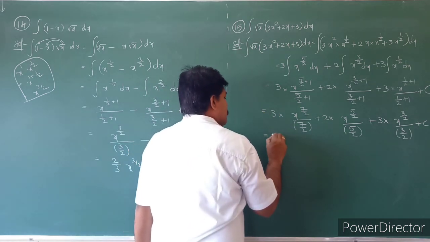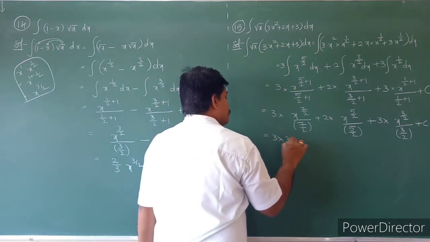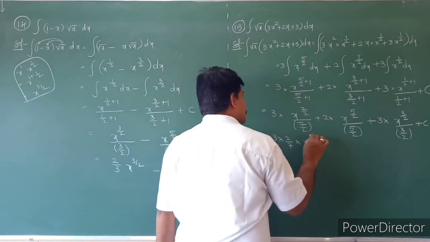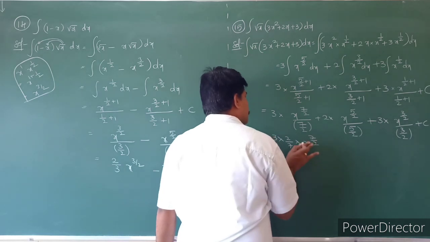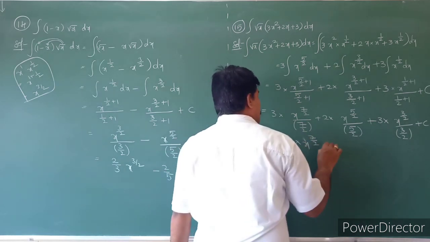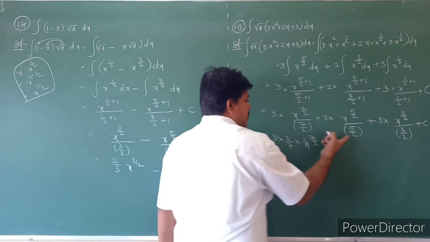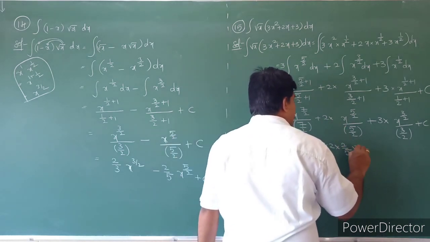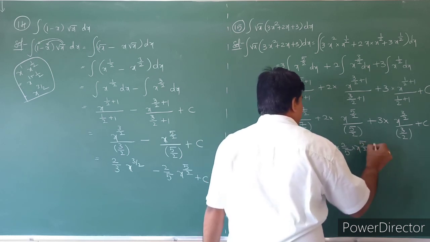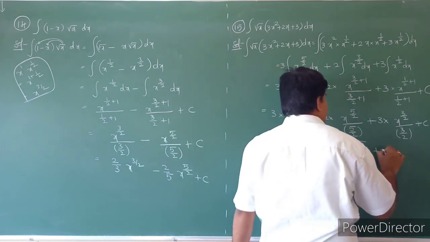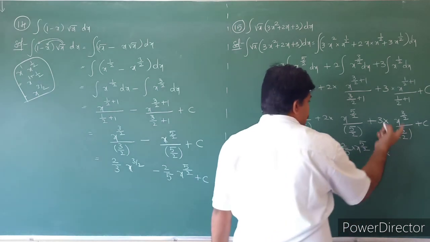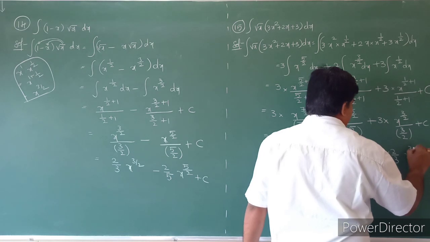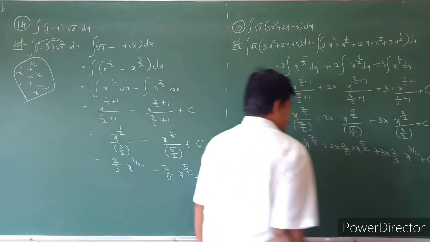What happens? 3 into 2 by 7 into x power 7 by 2, plus 2 into, take this 5 by 2 into the numerator, it becomes 2 by 5 into x power 5 by 2, plus 3 into, take this value into the numerator, it becomes 2 by 3 into x power 3 by 2, plus c.